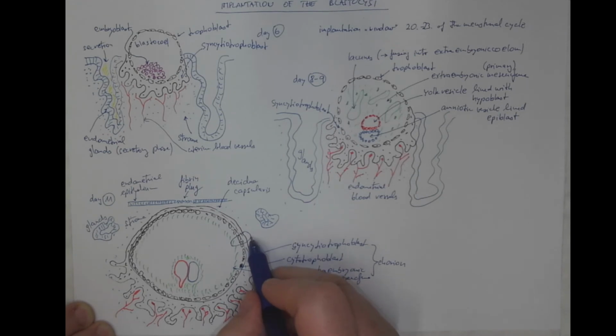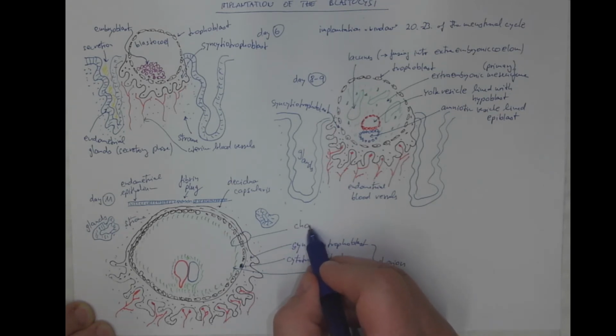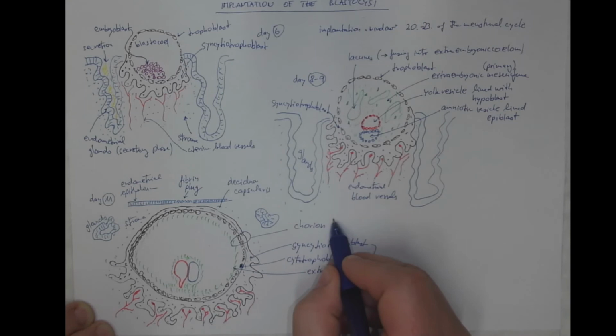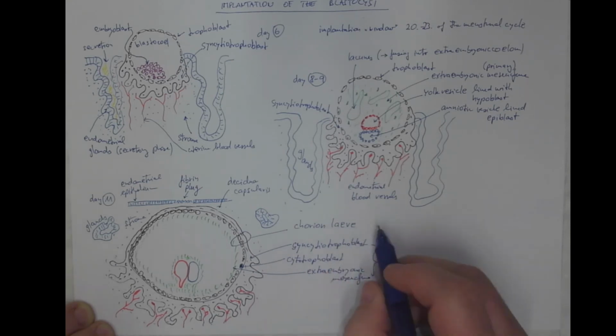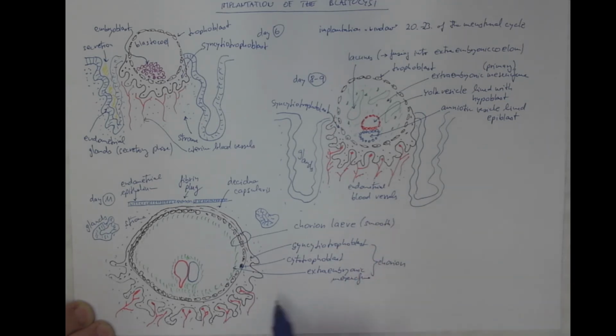Now in the region where chorion forms no villi, it's called the smooth chorion. Chorion laeve in Latin, laeve, that means smooth if you would translate it, without villi. But in this region it's the chorion with the villi.